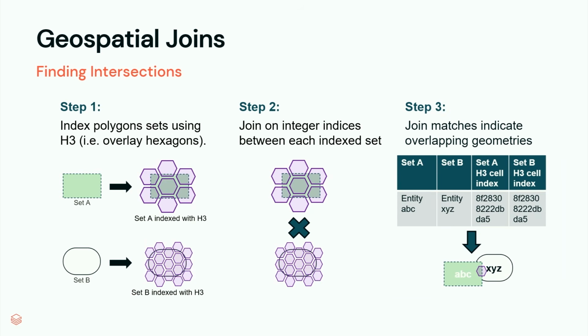If I do that for both sets of geometries that are of interest, then I can use something like liquid clustering to do the join in the normal way between the tables. That essentially gets you close to the answer. Obviously, it's not perfect, so you could have two polygons that don't intersect but still intersect the same cell. So there might be a bit of refinement you need to do after that, but it gets you to where you need to be, and you can make significant gains in terms of computational time.